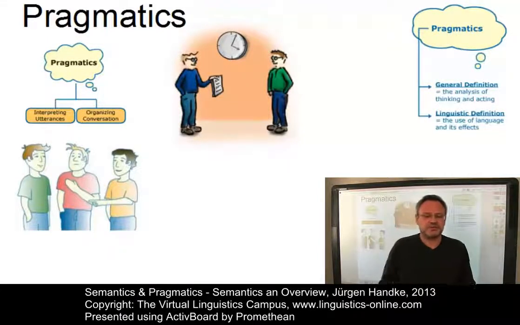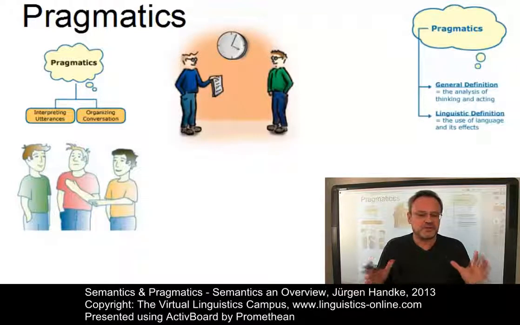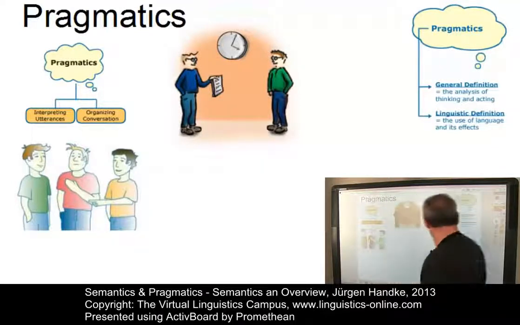In trying to determine what someone actually wants to say, people regularly go beyond the conventional meanings of the words spoken by taking into account contextual aspects.